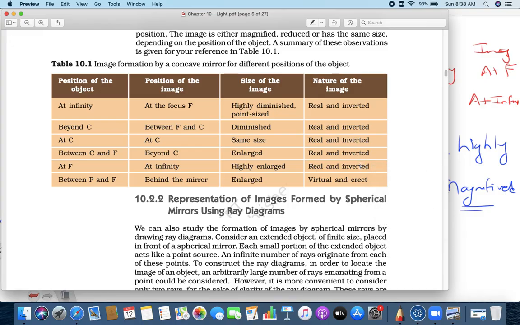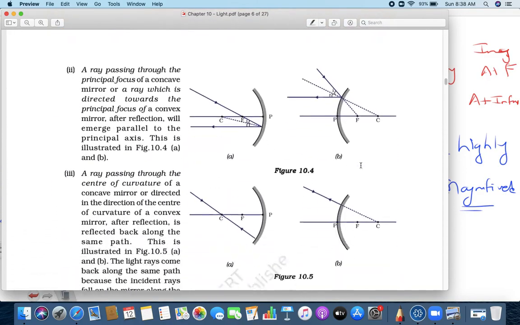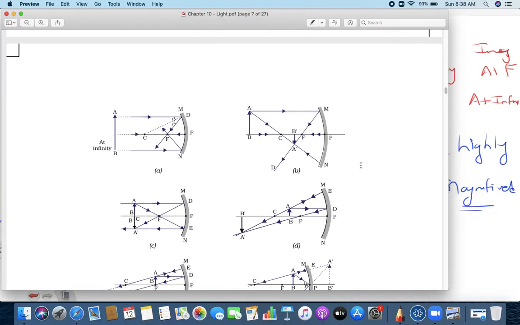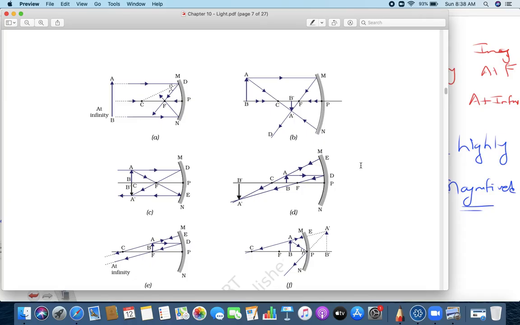Okay. Now the very important case which we are going to see, the third case, that is when you put your object beyond C. Let me show you how.